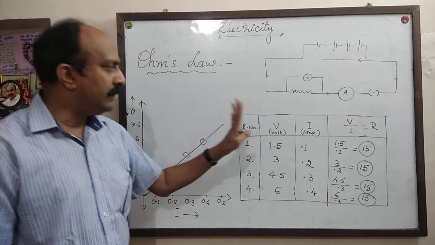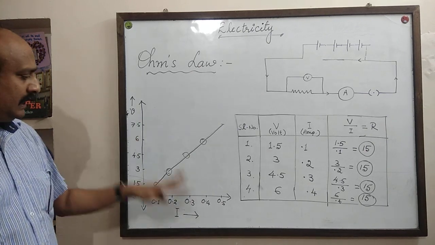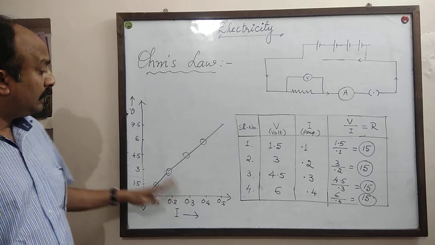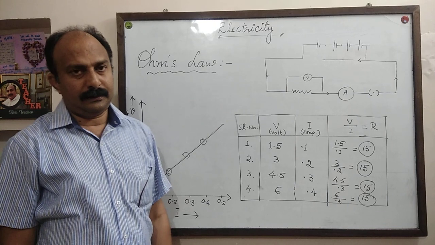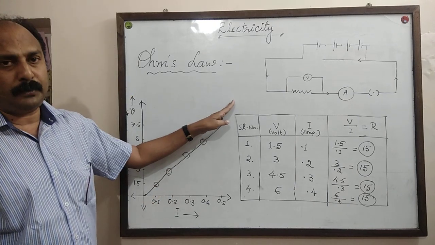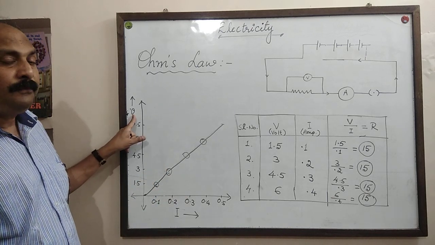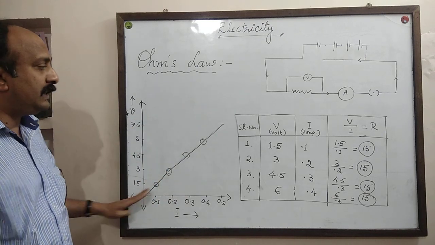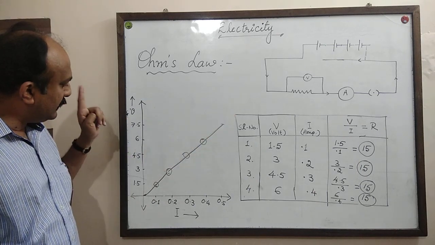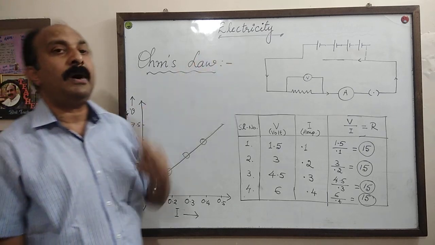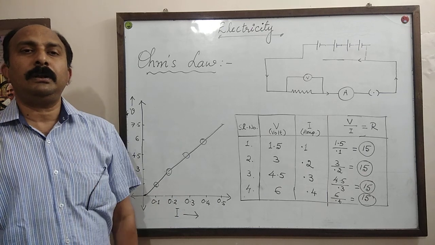So, whenever you plot potential difference V against electric current I, you can see that the VI graph will always be a straight line moving upwards. So this is the verification of Ohm's law. The VI graph will always be a straight line growing upwards like this. Now, using this graph also we can calculate the value of R. Only this graph is enough to calculate the value of R.